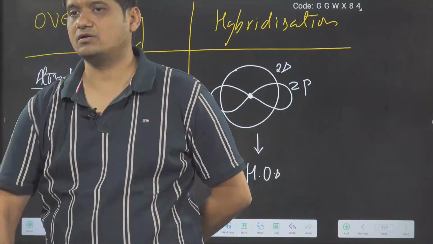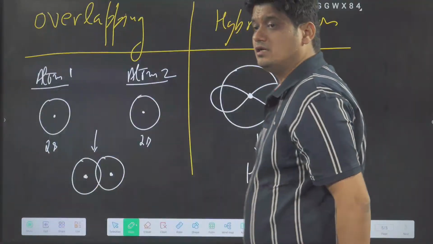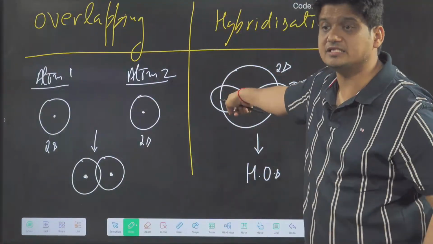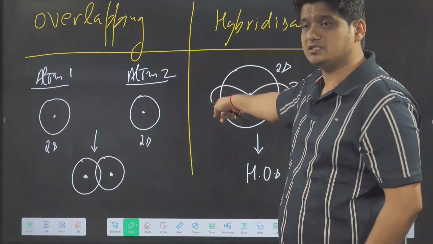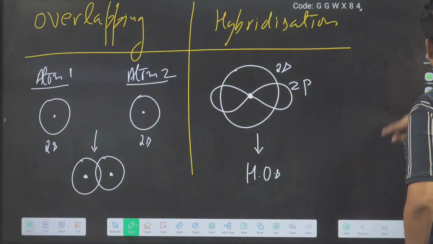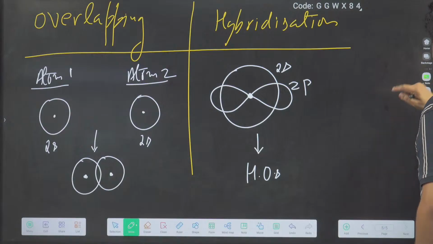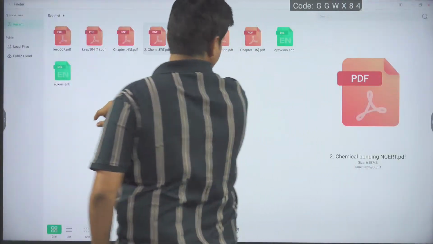Is the logic clear or not? And now you will say, sir, is it given in NCERT? Yes, it is given in NCERT. This thing is given in NCERT. Wait, I'll show you.